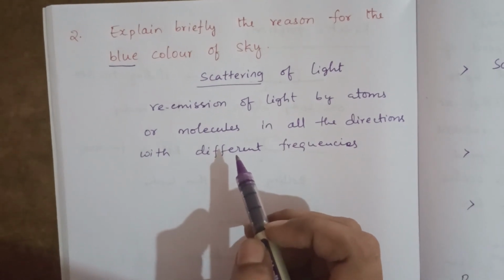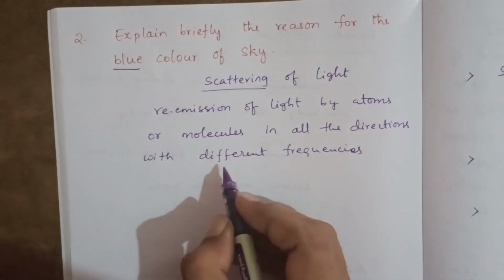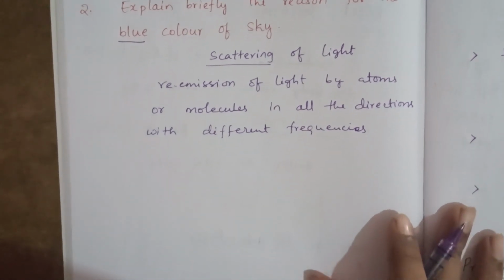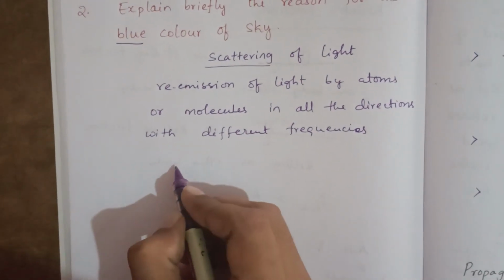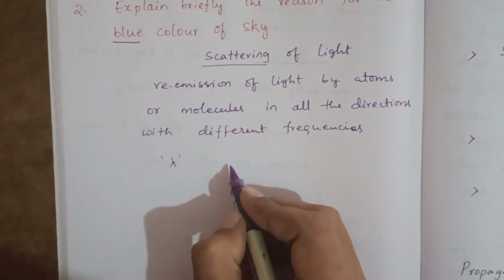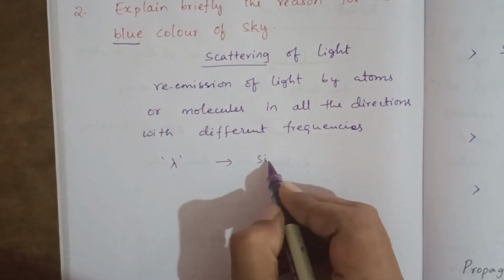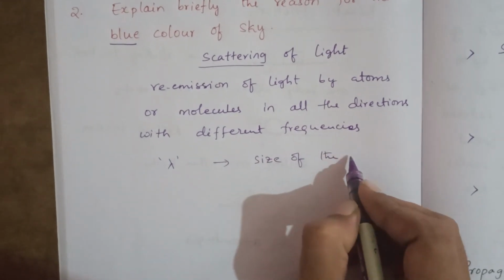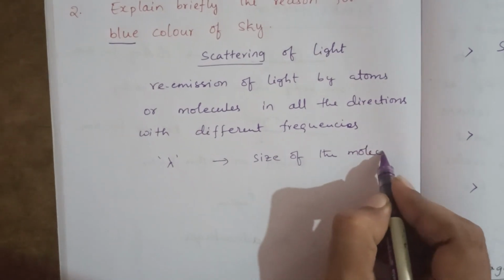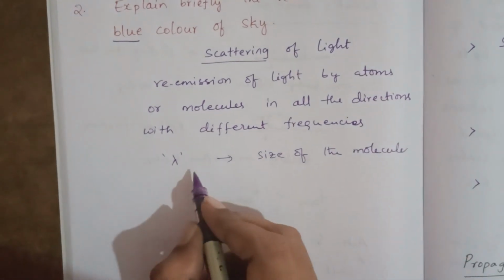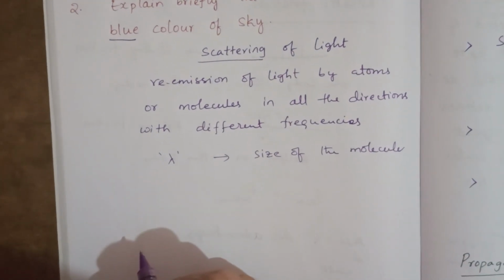Now here, an atom responds to incoming light when the wavelength of the light is comparable to the size of the molecule. Then that molecule or atom will respond to the light.